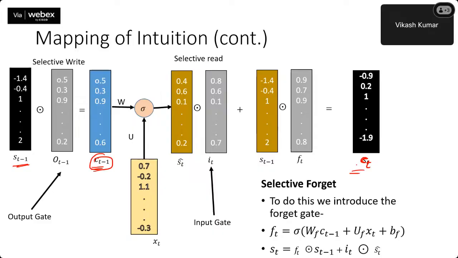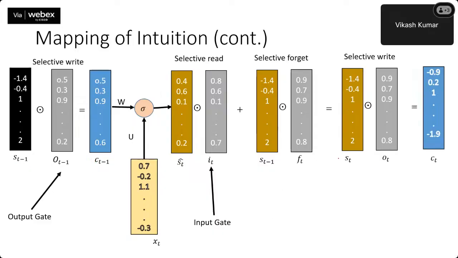This is the overall summary of how we can visualize selective read, write, and forget in a different way.